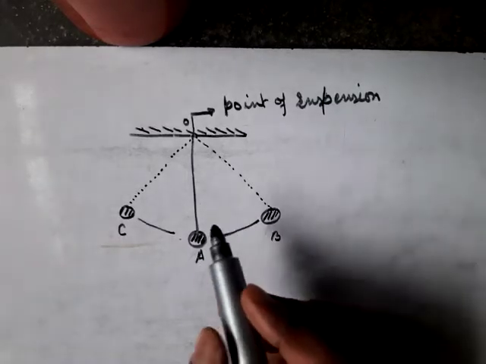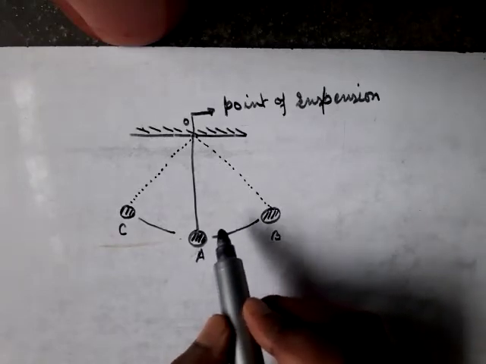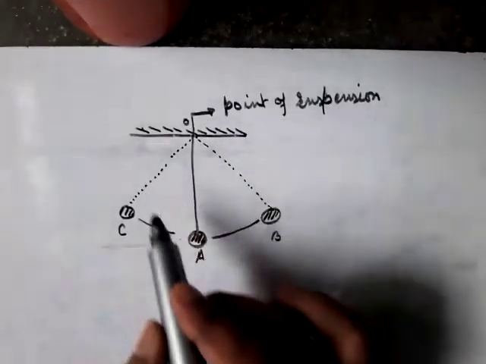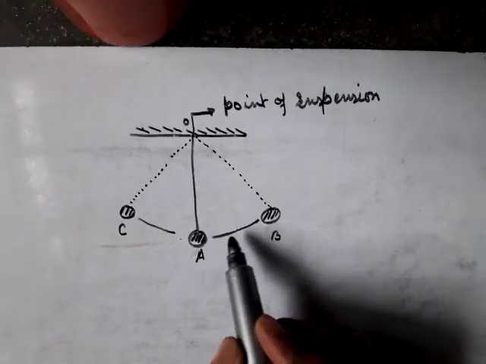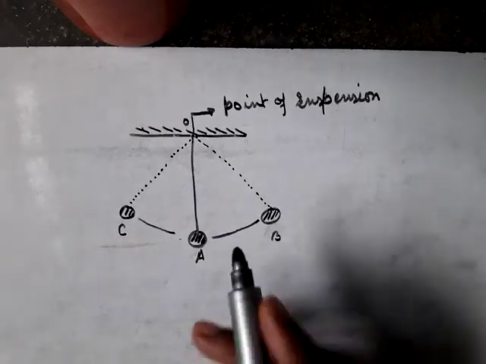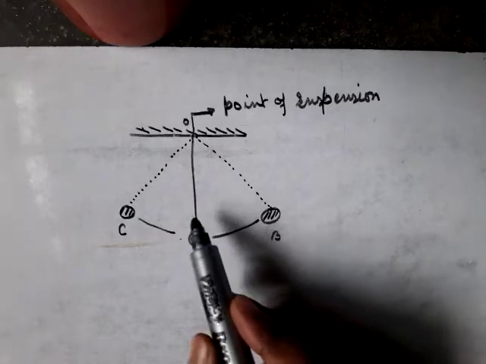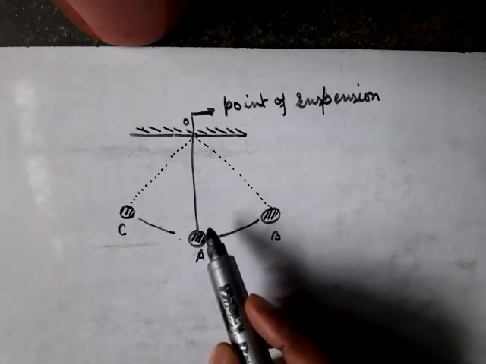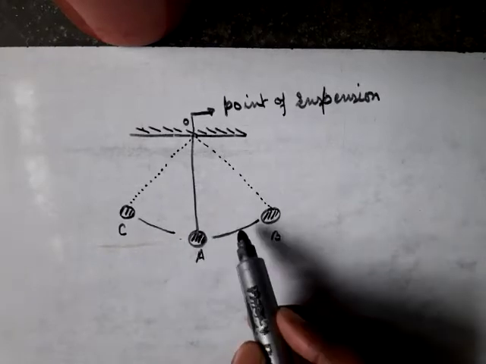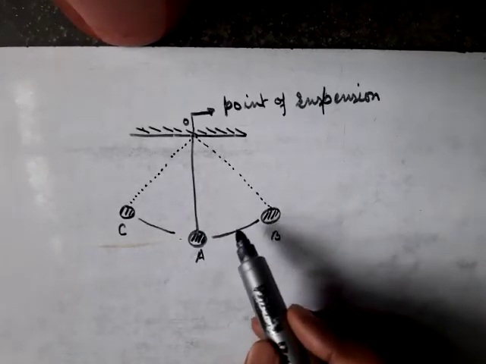This is a most important point: without any friction of the air. Suppose we are performing this experiment, so friction should be neglected here. There should not be any friction of air also. But in actual practice, friction of the air does its work in bringing the bob to its rest position after you allow it to swing.